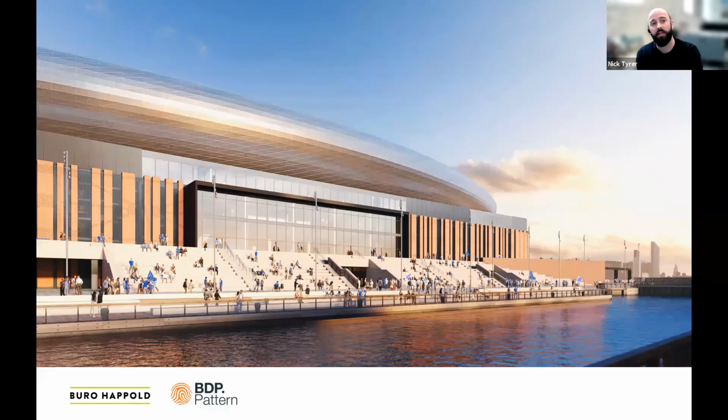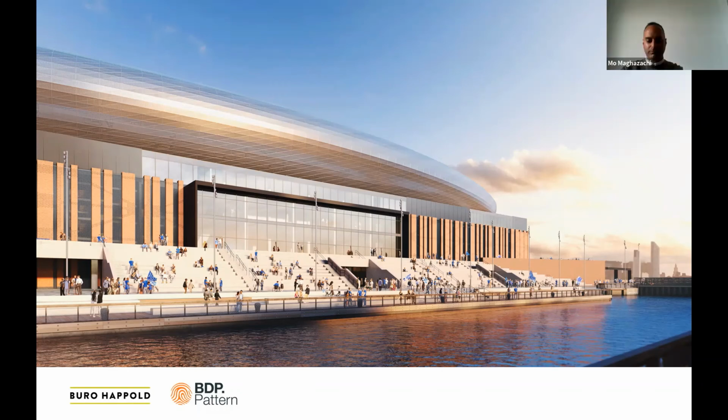And so in the past we've worked with QSs to embed their data into our model, because when you're testing different stadium ideas or designs, there are lots of things that change that are not that obvious. So you might ask, how much does it cost to add 5,000 extra people into a stadium?